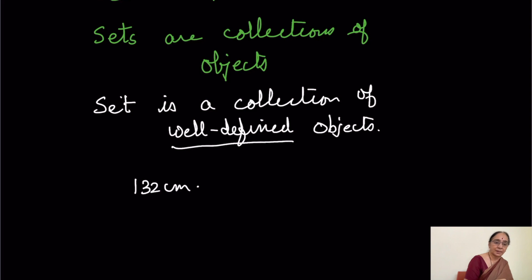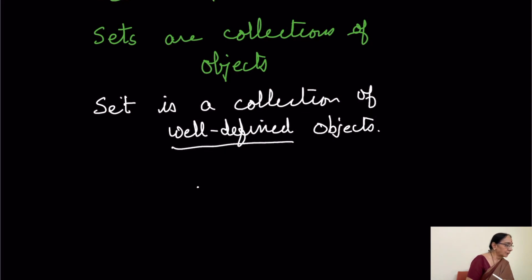But when I say the set of all tall students in the class, then that doesn't make sense. If I consider somebody tall, the other person may not have the same view. So the well-defined actually helps us to identify the quality and place them in that particular set. So that is what it is.